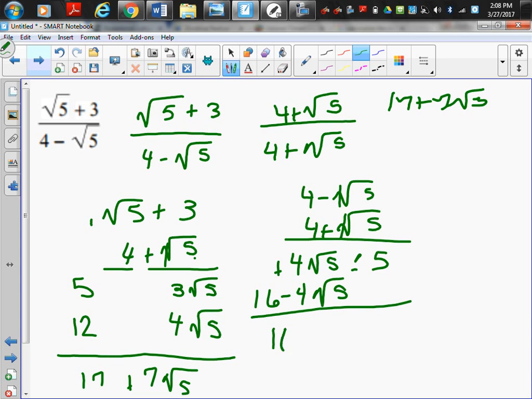Alright, so we have 16. 4 minus 4 is 0, so plus 0 minus 5. So what's my denominator? 16 plus 0 minus 5. 11. So 17 plus 7 square root of 5 over 11.